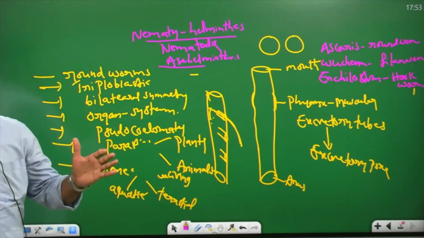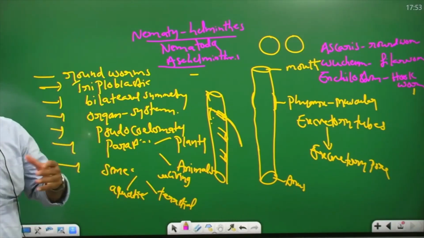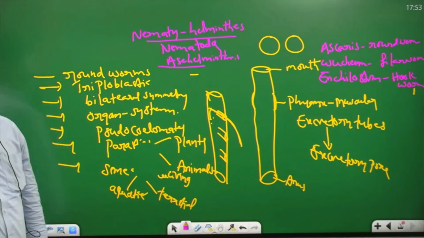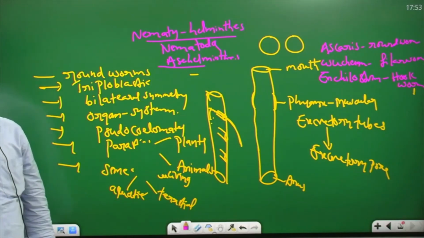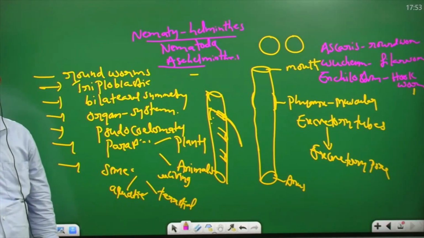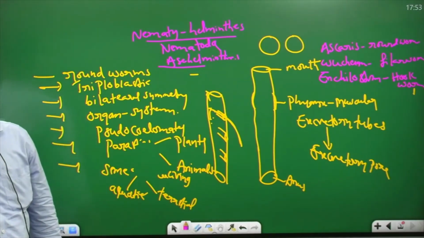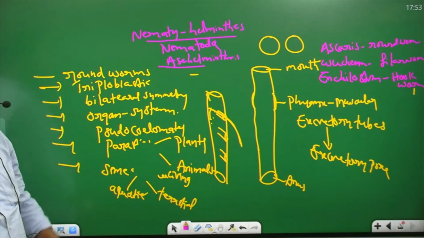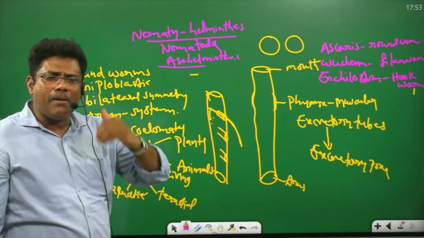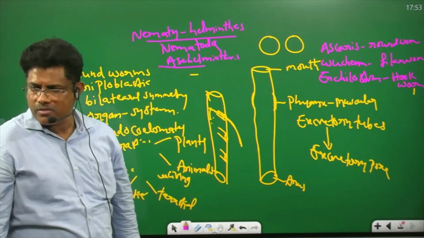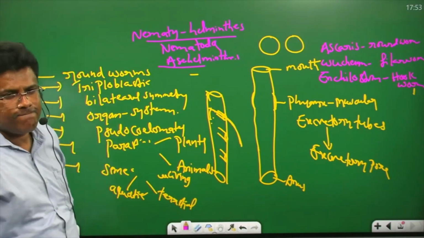They are unisexual. Both sexes are separate, and they exhibit sexual dimorphism. Male and female organisms can be found out easily. The male is straight and long. The female is short, and the posterior side is curved. With the help of external features, we can find out which is a male worm and which is a female worm. Development is direct or indirect, both are there. Direct means it gives birth to babies. Some are indirect, where larvae are there.